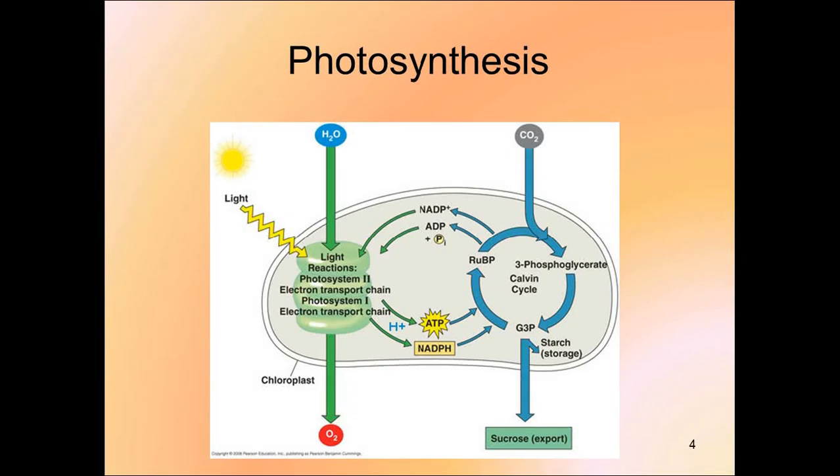This is a visual to show you what we'll be discussing in this chapter. On the left-hand side are the light-dependent reactions, the photosystem 2, the photosystem 1, and the electron transport chain. This is where the ATP and the NADPH molecules will be created, and you can follow them across to the right side of the screen.